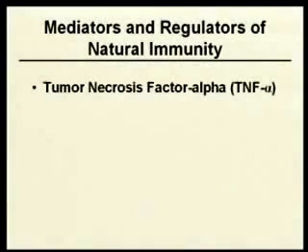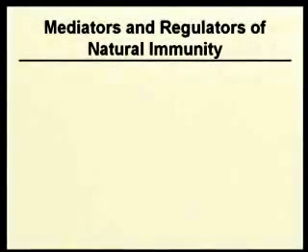Now, again, as we first mentioned, the cytokines can have an effect on both the natural or the innate immune response as well as the acquired immune response. And we'll talk a little bit about the cytokines that influence the innate immune response. And what you also see here is that some of the same cytokines keep coming up in both the innate as well as the acquired.